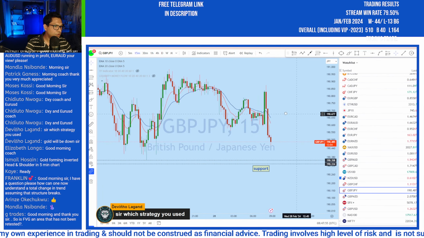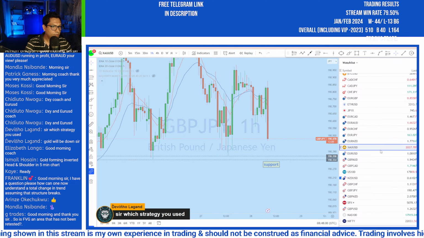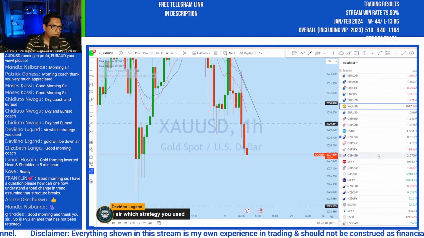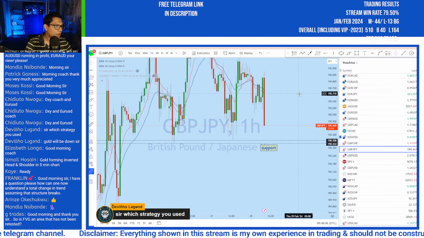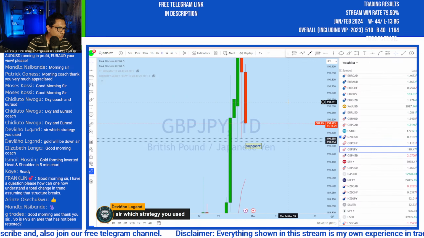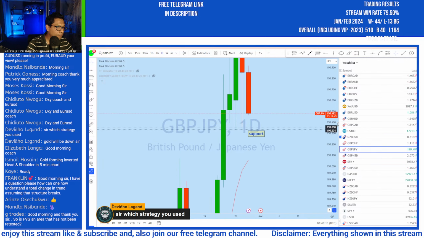And I'm just closely looking at GJ here and gold. So you see that direct hit on the daily level on GBP/JPY. There's weakness on GBP.